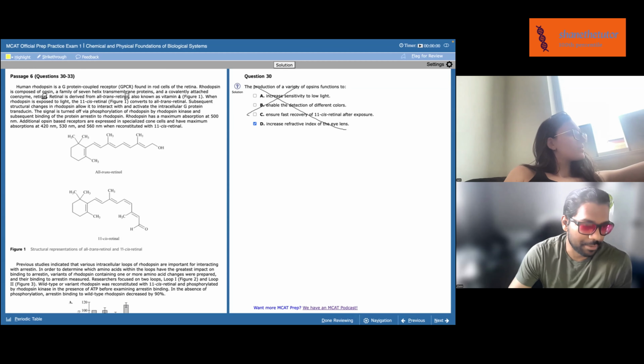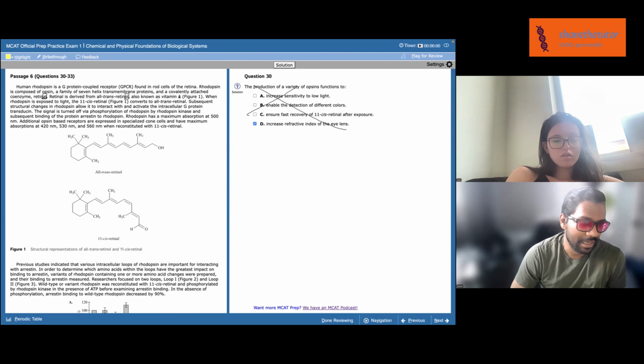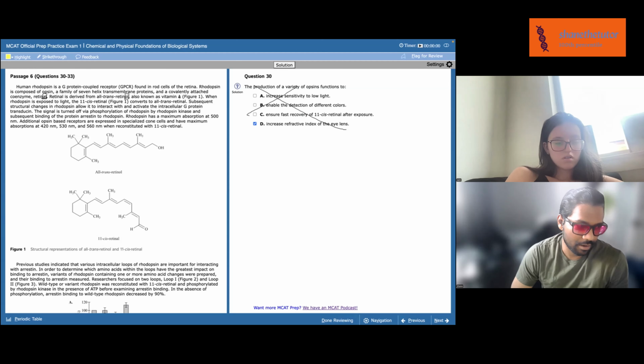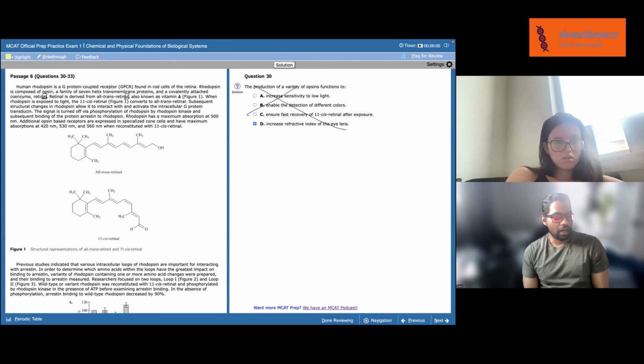So then subsequent structural changes in rhodopsin allow it to interact with and activate the intracellular G protein transducin. Then the signal is turned off via phosphorylation of rhodopsin by rhodopsin kinase.